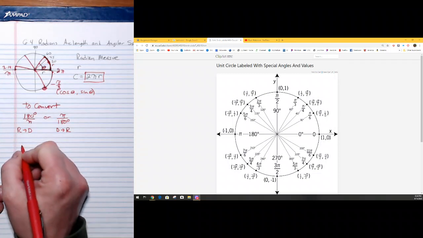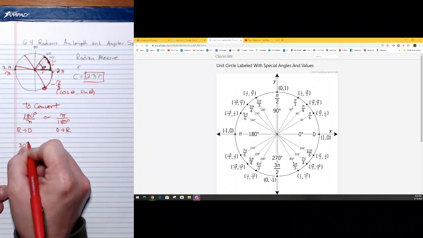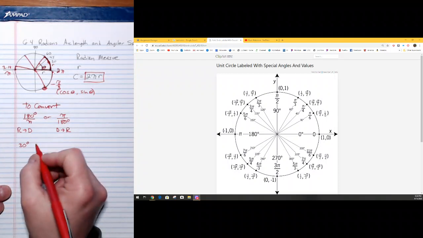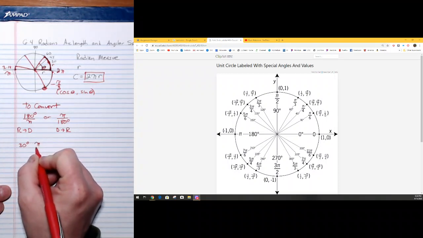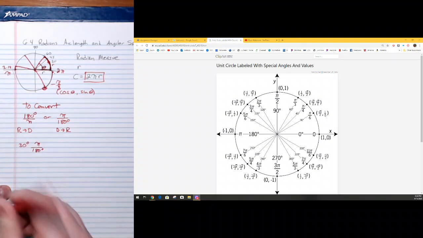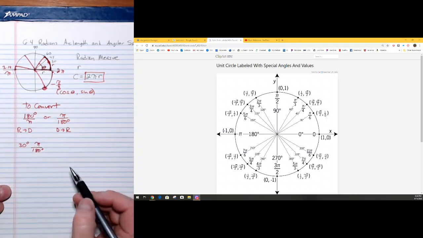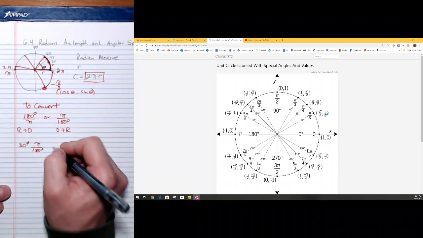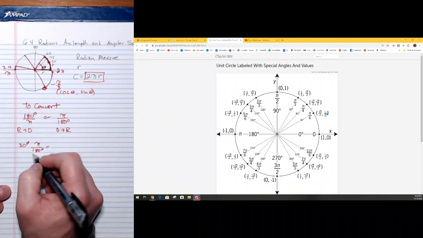well. For example, let's say we had 30 degrees and we wanted to convert to radians. I'm going to multiply that by pi over 180 degrees. Now here, because I wrote in my degree symbols, I'm going to be able to cancel those out. And I'm also going to reduce this fraction.